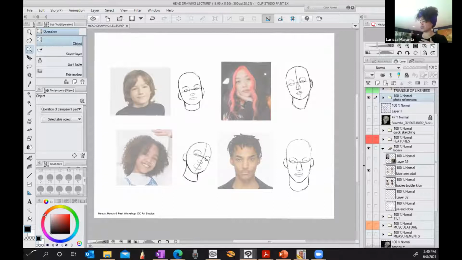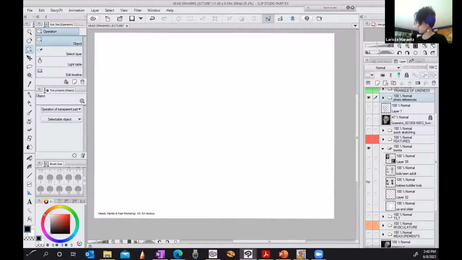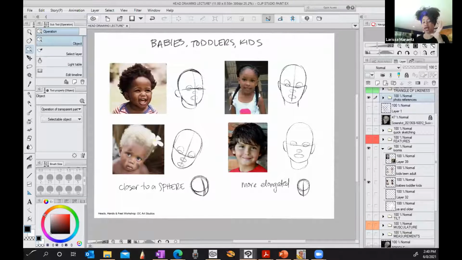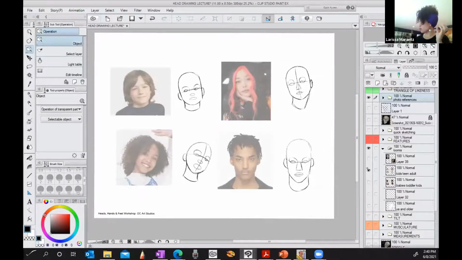As the head shape elongates, the features get smaller. On a child, the features are really large on that head shape, and as a person grows from teenager to young adult to adult, the features get smaller on the head shape.